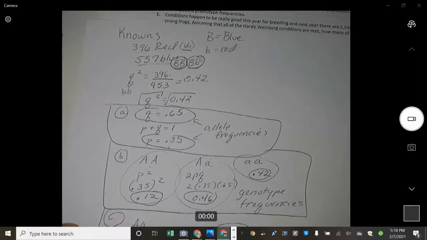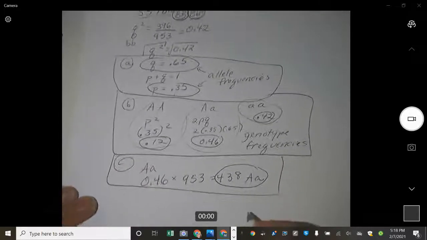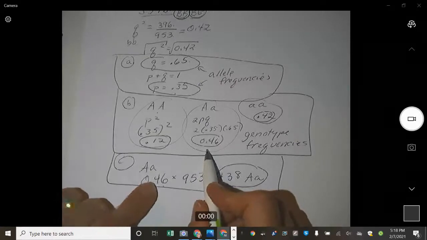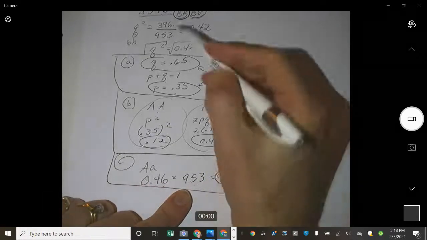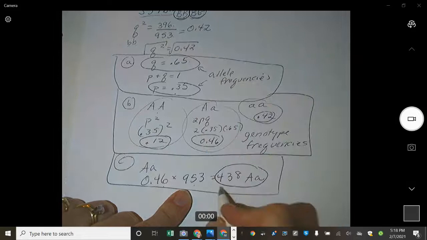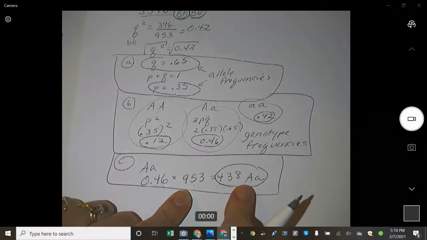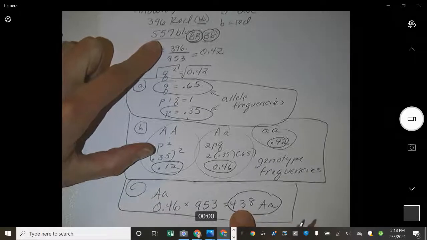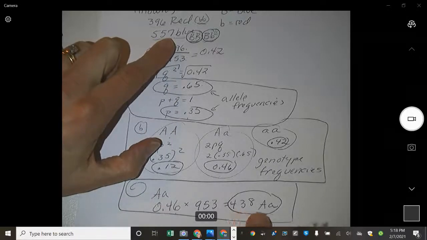So that's part C. So I did 0.46, which was my frequency of heterozygous ones, multiplied by my total, 953. So I get 438 are heterozygous. It makes sense that 438 is smaller than 557. So these are blue, but they're the heterozygous blue ones, right?